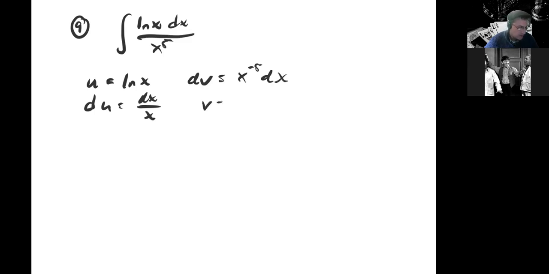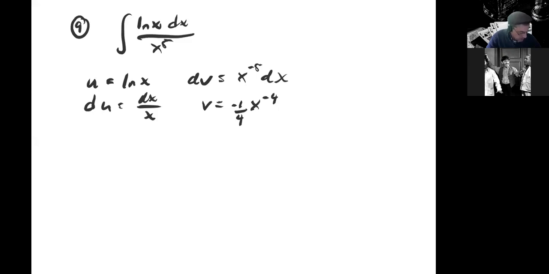So v is, what is v? v should be x to the minus 6th. Nope, that's not right. What is it? v will be minus a quarter x to the minus 4. If you take its derivative, you see you get x to the minus 5th.